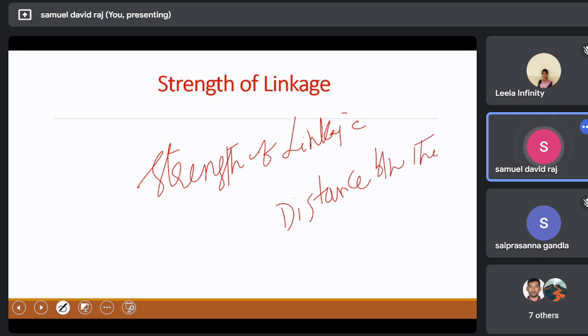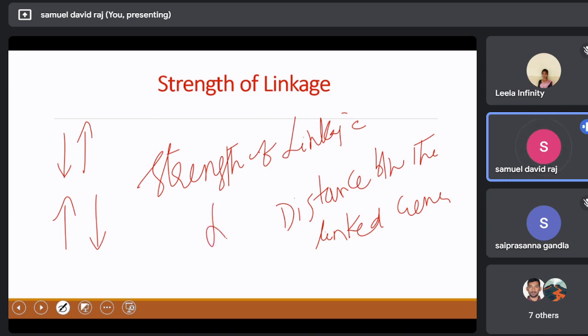When the distance increases, the strength decreases. When the distance decreases, the strength increases. Thus, the strength of linkage is inversely proportional to the distance between the linked genes.